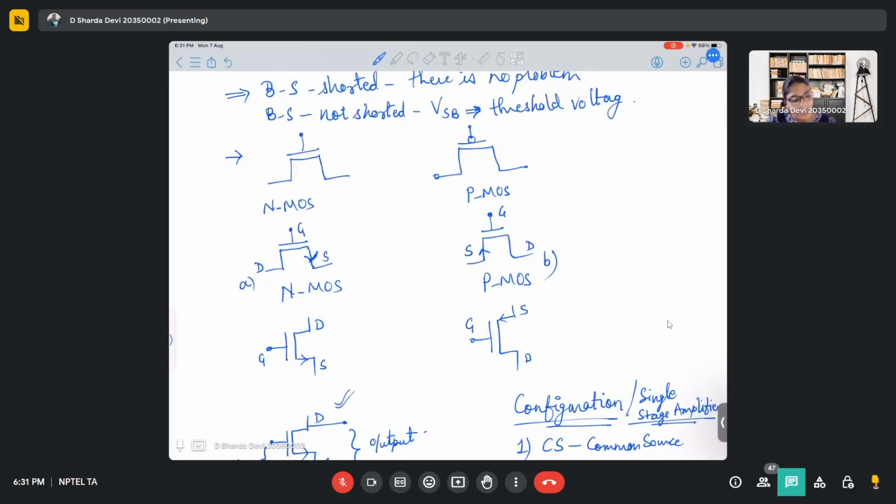See, what I mean by independent quantity is that VGS and VDS are not related to each other. So if I am providing some voltage to VGS, it will not impact my VDS.